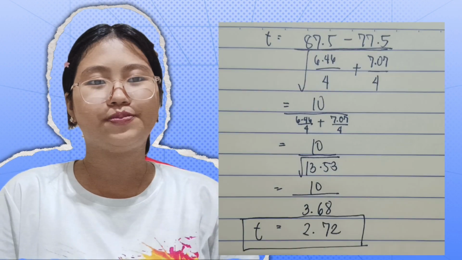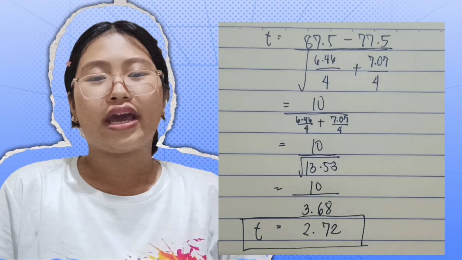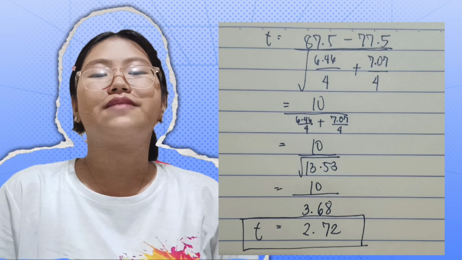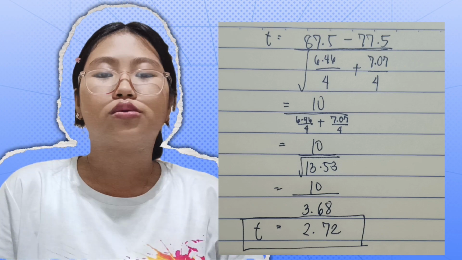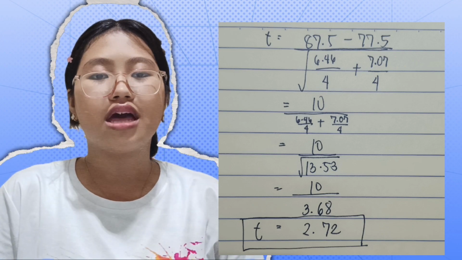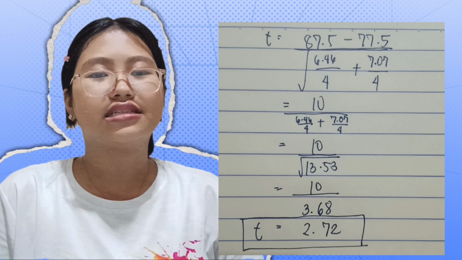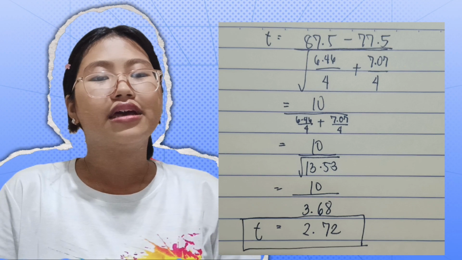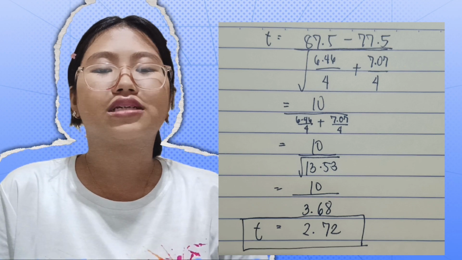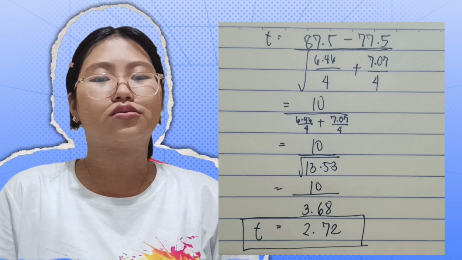So, let's do the numerator first. So, 87.5 minus 77.5 is equal to 10. After that, add the standard deviation of class A and class B. So, 6.46 plus 7.07 is equal to 13.53 under the square root.